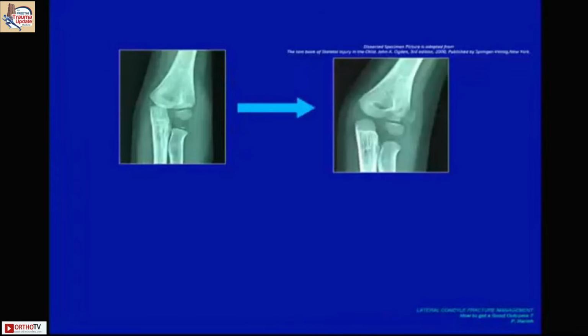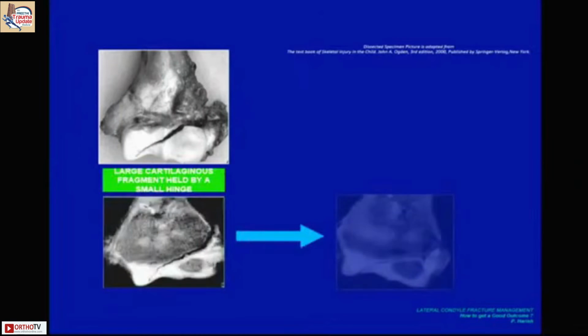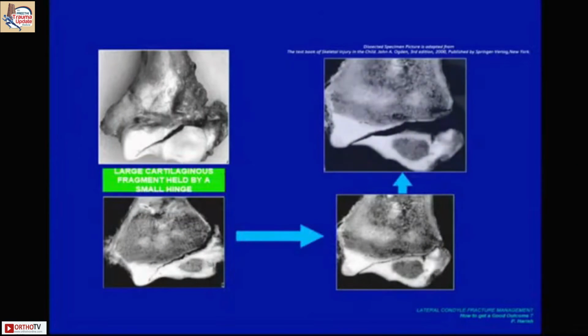When you look at the dissected specimens, there is a break in the cartilaginous hinge and it can go on to disrupt. So if you remember this slide, you will never forget the pathology of late displacement and how to treat a lateral condyle fracture.